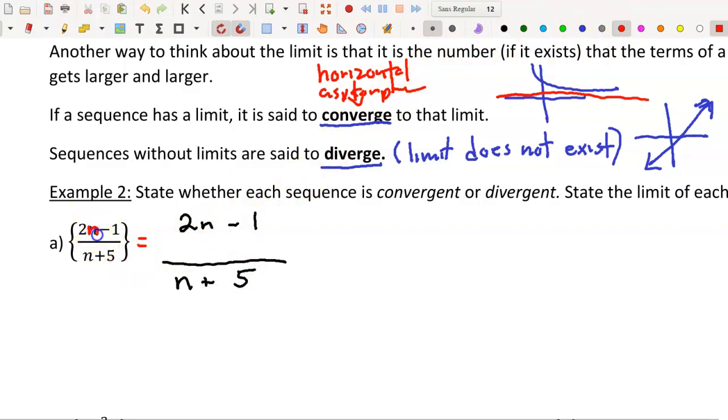In this case, it's just n. Right? If this was n squared and this was n, we would have divided by n squared. So you just look all over the top and bottom, numerator, denominator, find out what the highest exponent is, and we're going to go through and just divide by that everywhere.